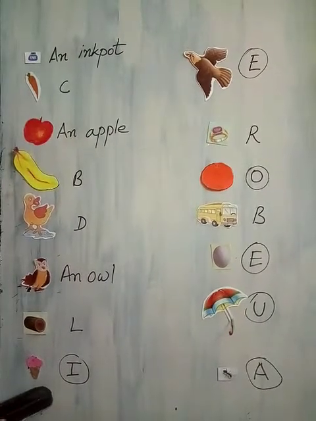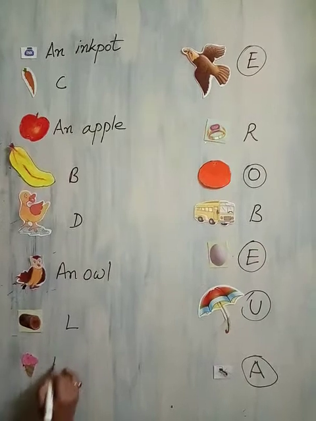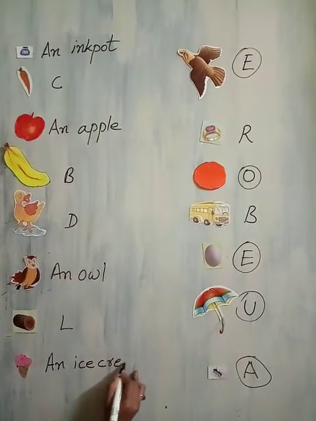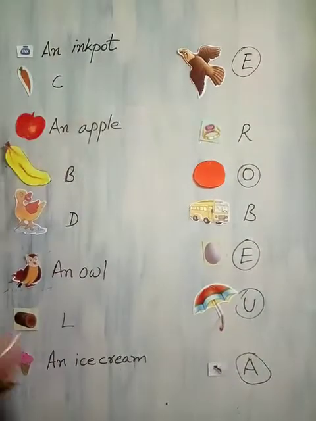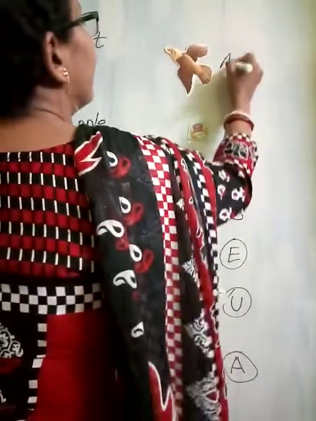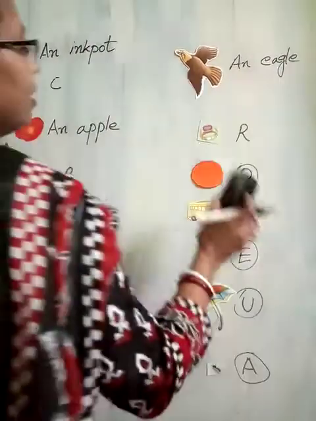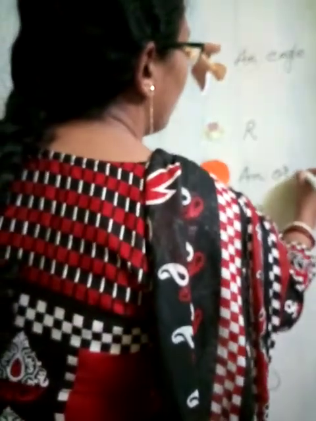Again, I is a vowel sound word, so I am going to write an ice cream. Again, E is a vowel sound word, so I am going to write an eagle. Again, O is a vowel sound word, so an orange.